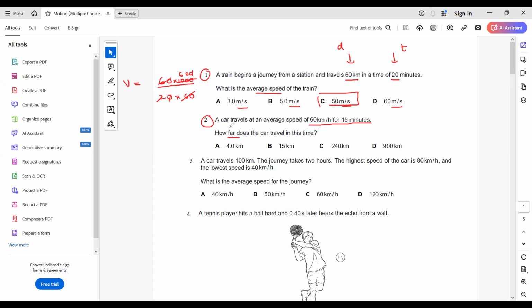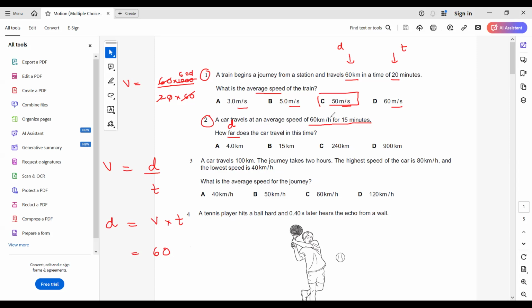How far? That means they want us to find distance. The formula for speed included distance over time, so distance should be speed times time, right? Speed here is 60 kilometers per hour, right?